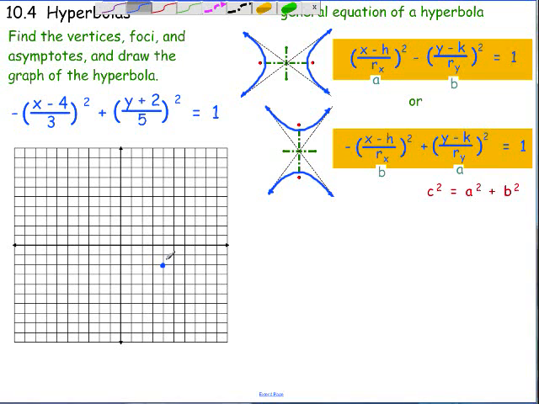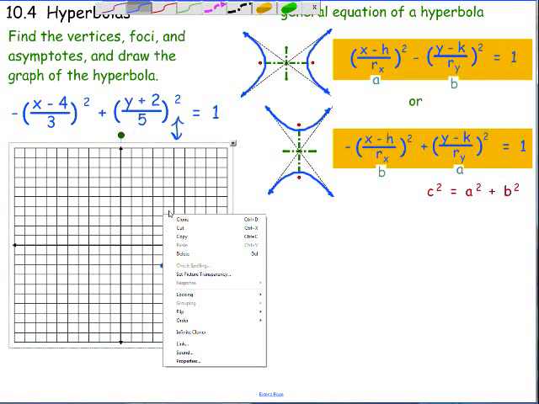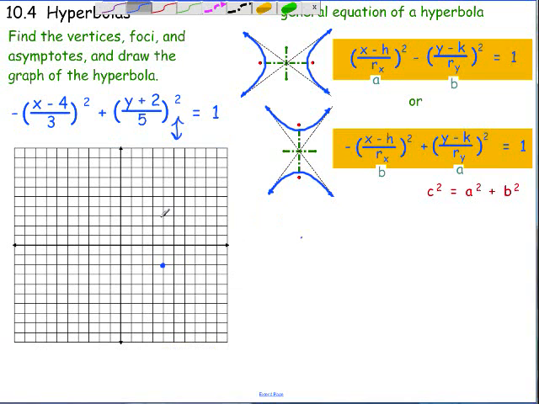And the transverse is a positive term, and it's vertical. So I'm going to go 5 away from my center. 1, 2, 3, 4, 5. Whoops. And 5 away from my center going the other direction, so right there.